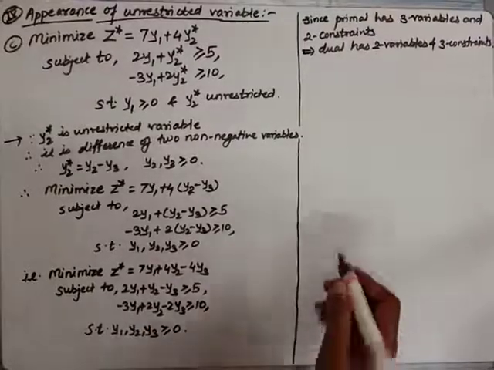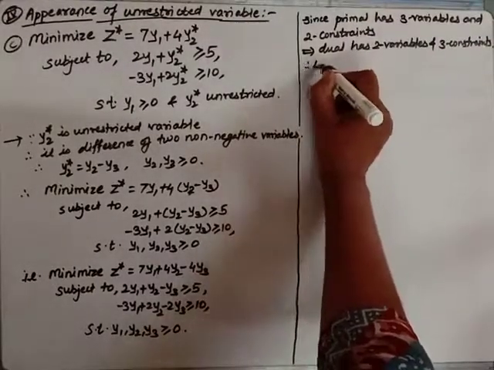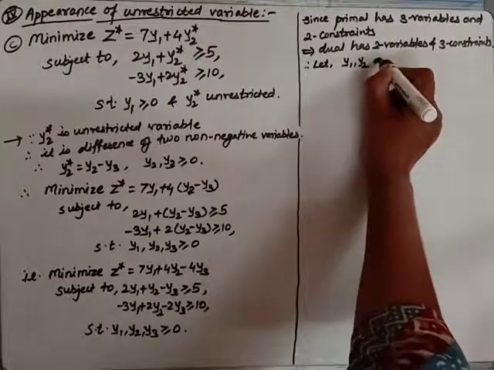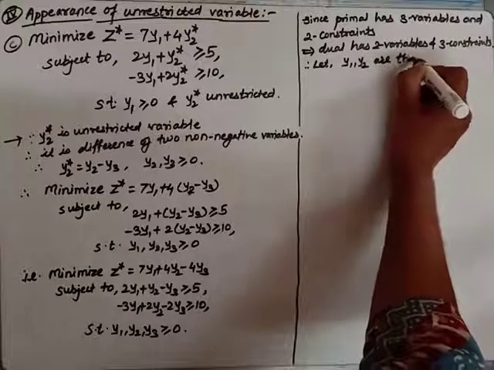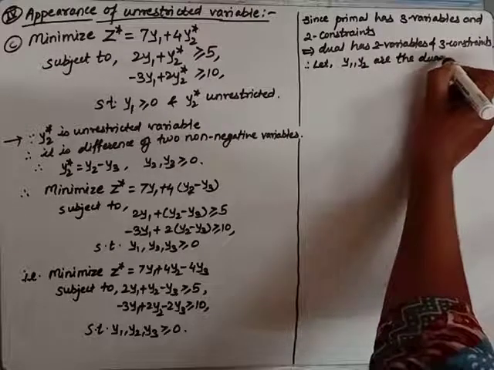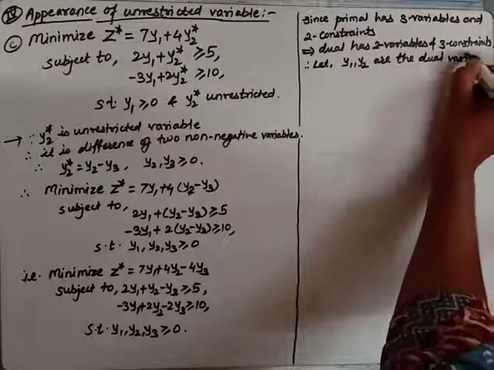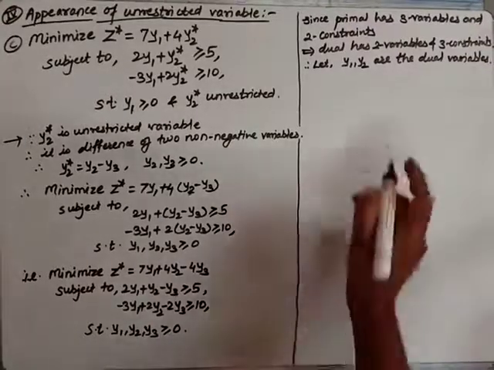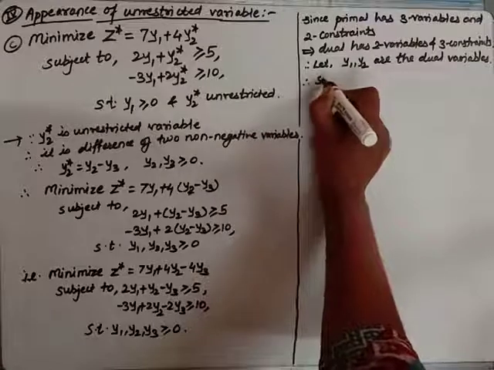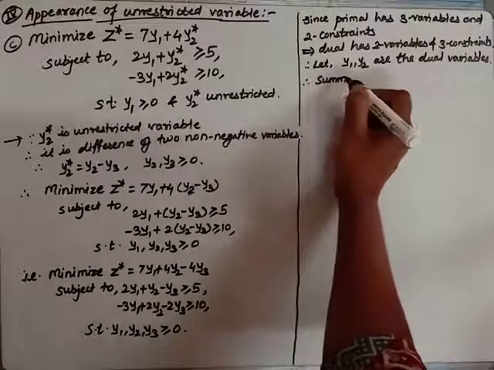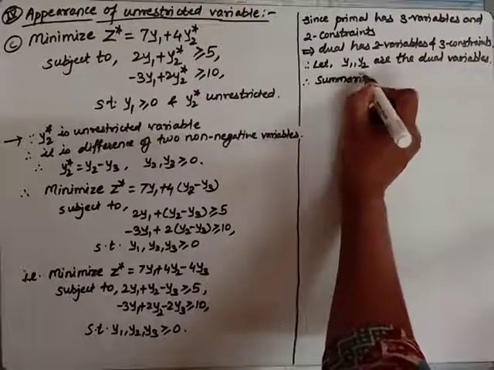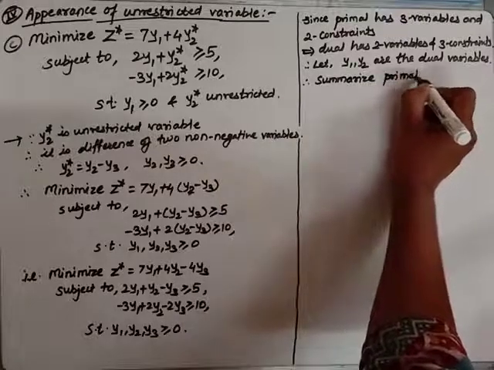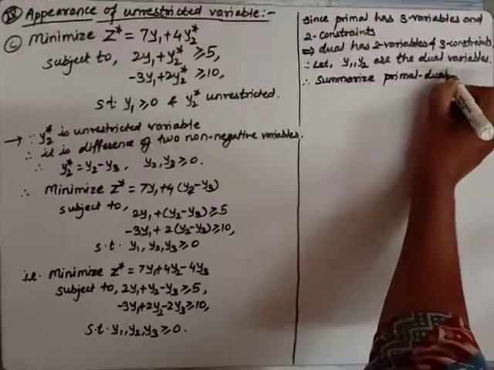Okay. Therefore, let y1, y2 be the dual variables. Let it be dual variables are y1 and y2. Okay. Therefore, summarize the primal dual table.